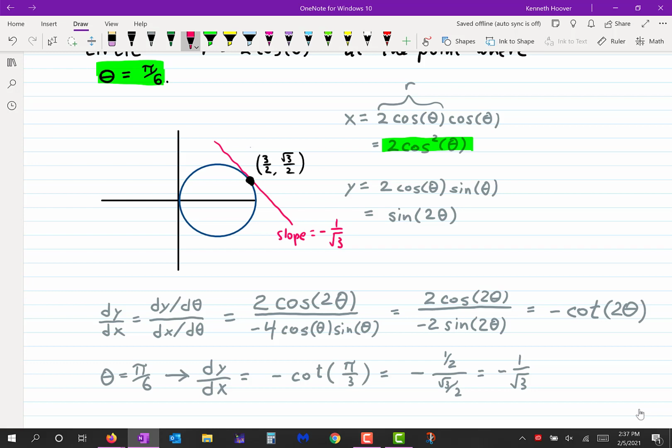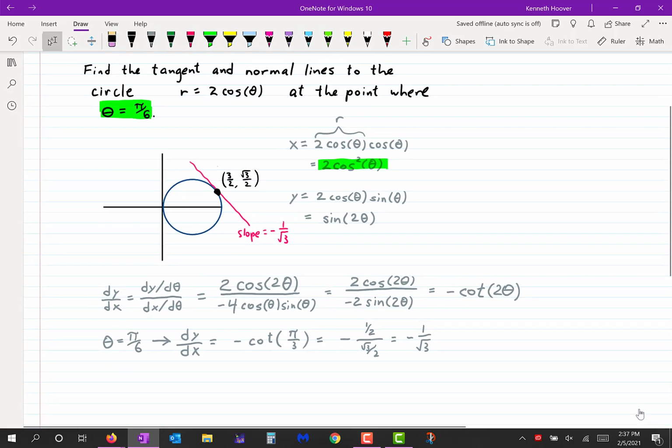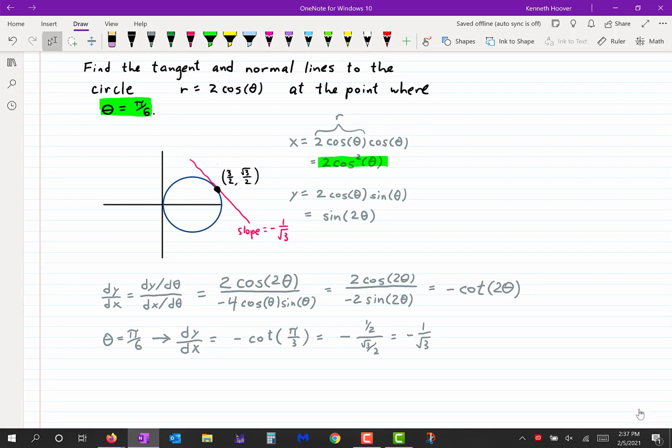So can you write the equation of that line? I think you should be able to, right? You've got a point and you've got the slope. So isn't the equation of the line y minus the y coordinate of our point equals the slope times x minus the x coordinate of our point? Let's just simplify that.